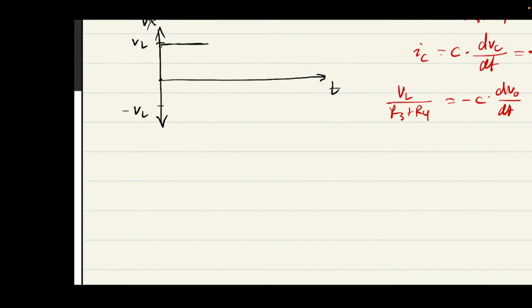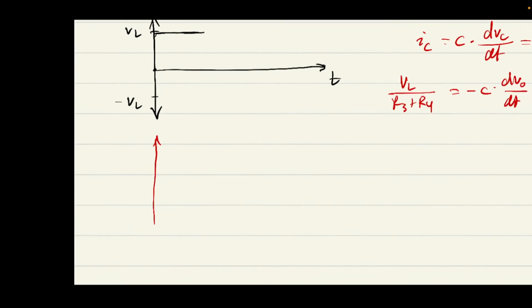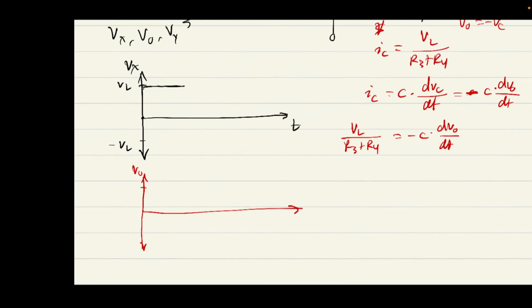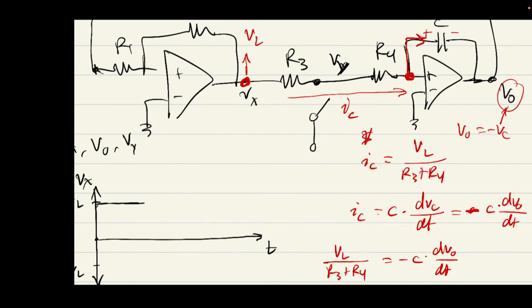Because we can now plot VO and think about what happens. If the voltage is positive VL, let's be a bit careful here, is the capacitor charging or discharging? It's charging, right? But what does that mean for the output voltage? It means that the output voltage is decreasing.